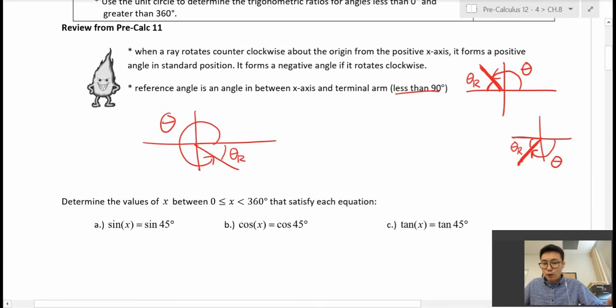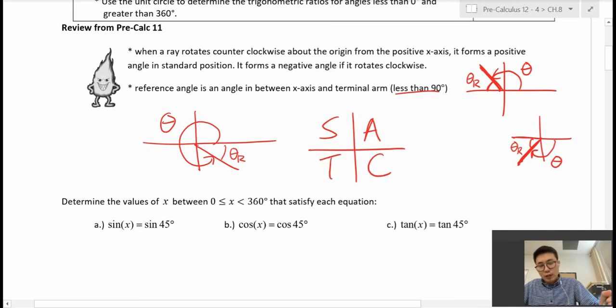We also talk about the All Students Take Calculus rule. I'm going to quickly review that. That's A S T C. This means that all the ratios, sine, cosine, and tangent in quadrant 1 would be positive. In quadrant 2, S stands for sine.